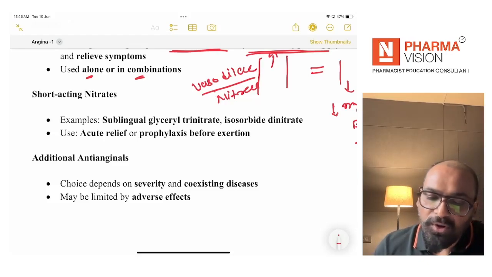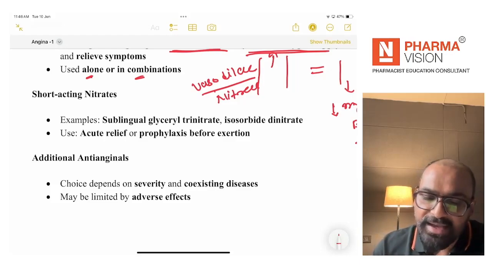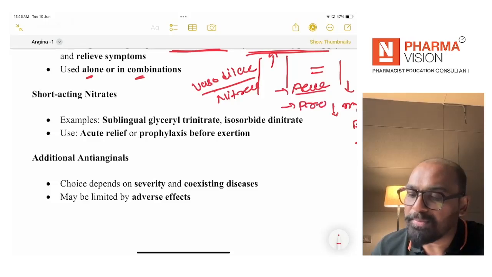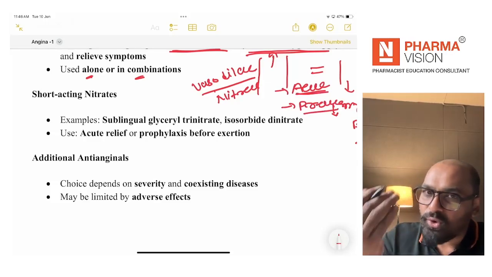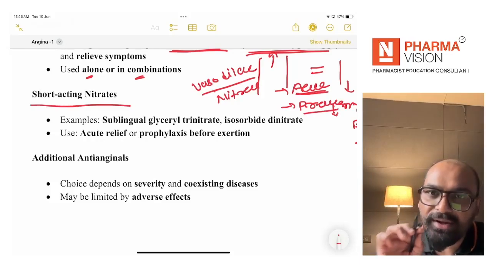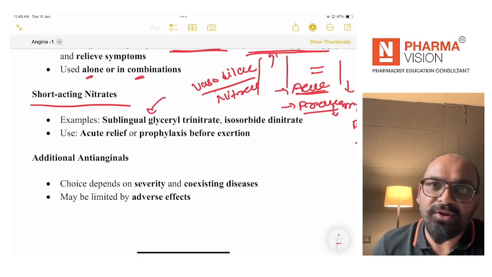First of all, we can divide the angina management into two parts: one is the acute symptoms, and another one is long-term preventive. For acute management, we use the short-acting nitrates. What is the meaning of acute management?